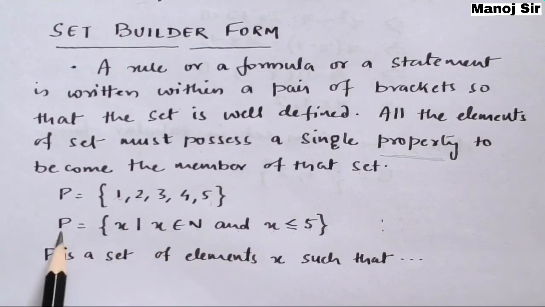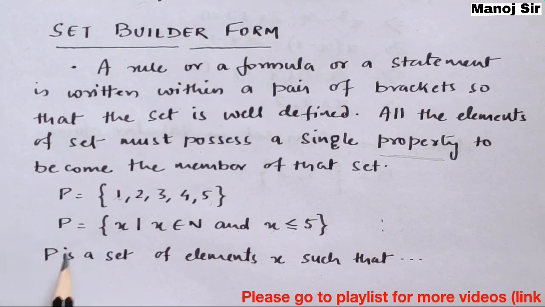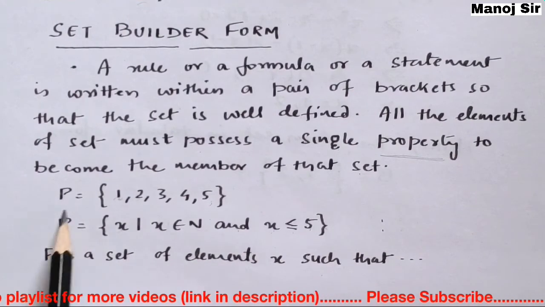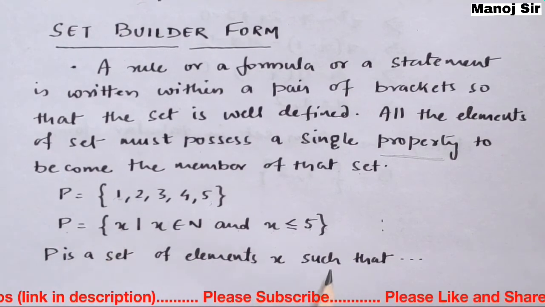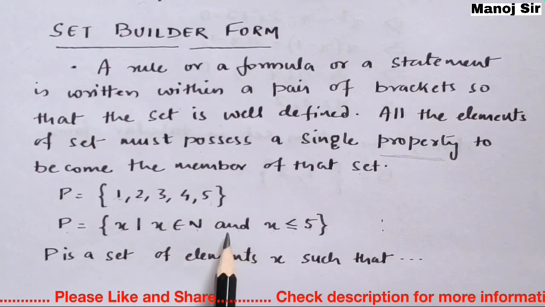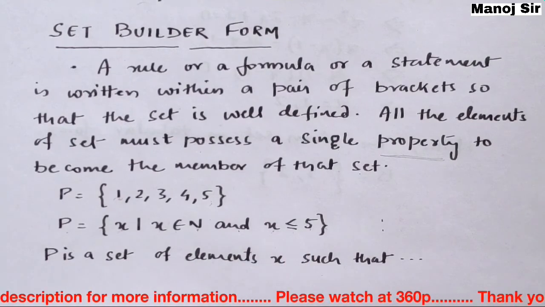So we can write the set builder form of set P as: P is a set of elements x such that x belongs to natural numbers and x is less than or equal to 5.